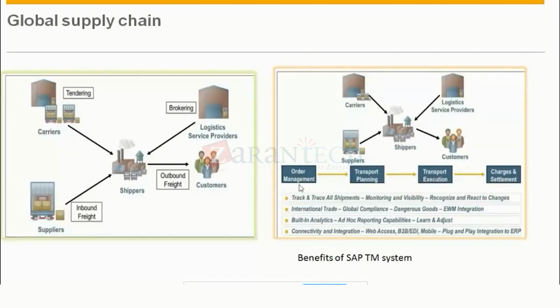One is order management. Second is transportation planning. Third is transportation execution. And fourth is charge management and settlement. I will come into each of these boxes in detail. But when I talk about the different pillars of transportation management, I'm talking mainly about these four pillars.